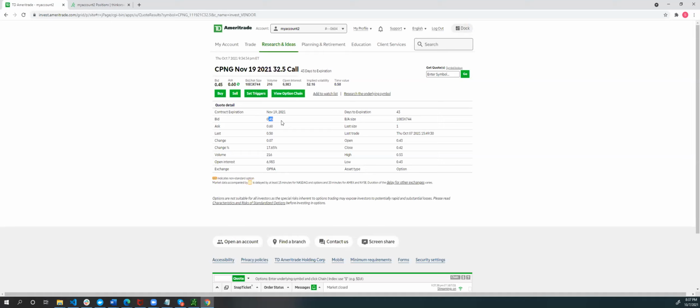But otherwise, I'll just leave it and let it expire. And then again, I can write new ones. But sometimes if there is a big move, like last week, for example, it went up and then it suddenly fell quite a bit, almost 10%. So you can always close it in those scenarios so that on the next up move, you can take advantage and write the options right away.